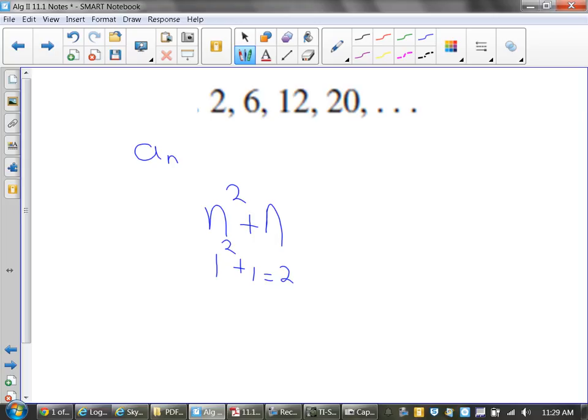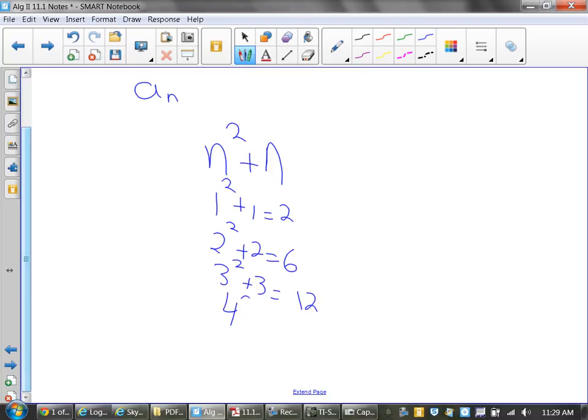If I use the second term, I get 2 squared plus 2, which is 6. 3 squared plus 3, I get 12. 4 squared plus 4 equals what? Okay.